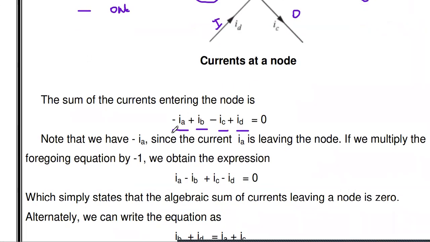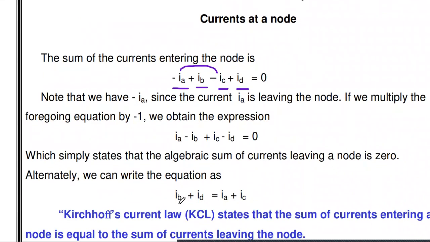If you rearrange this equation, IA and IC have negative signs. So if you move the IA term and IC term to the right side, we get the equation IB plus ID equal to IA plus IC.